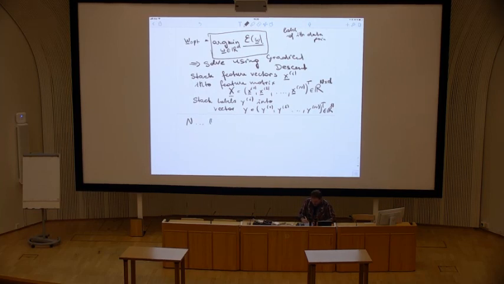It's the number of data points in the training set. It's also sometimes called sample size.